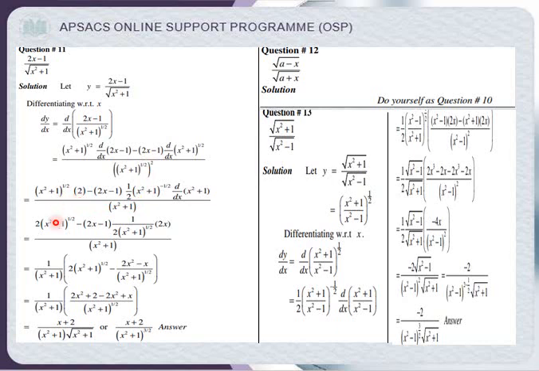So 2 is here, this is the same thing, and now minus 1 upon 2 I can write as x square plus 1 raised to the power 1 upon 2, and what is the derivative of x square? 2x. Okay, now we can cancel this 2 by this 2. Now you can see x square plus 1. I don't want to write the whole fraction, so I just write 1 upon x square plus 1.